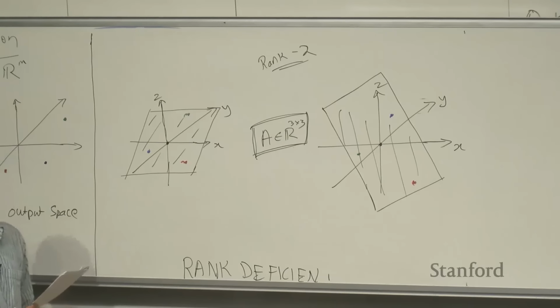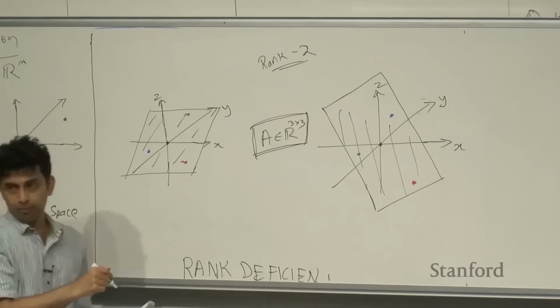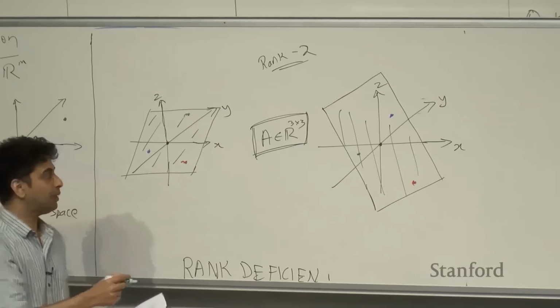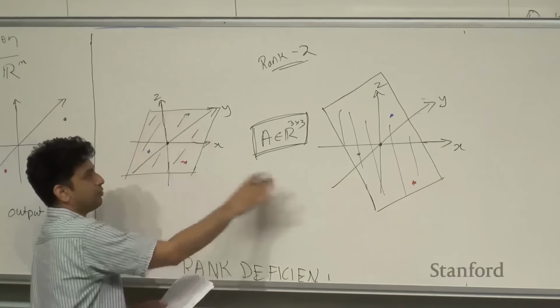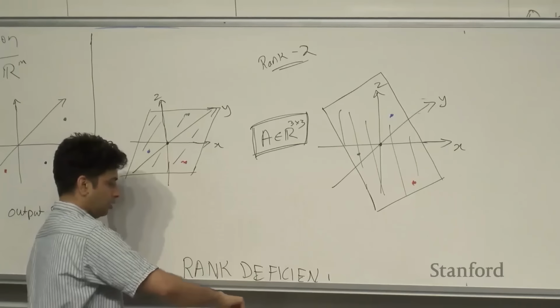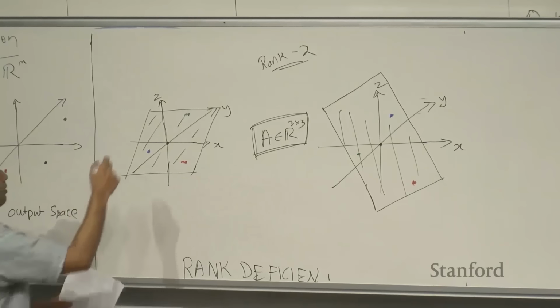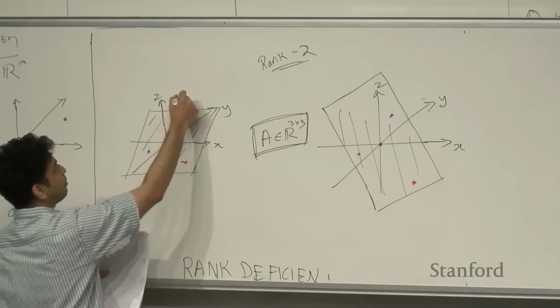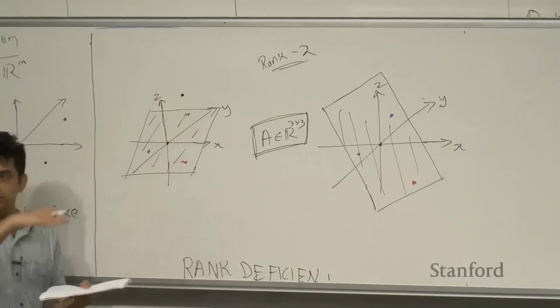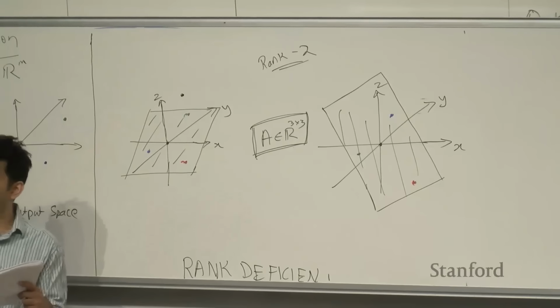But A is a 3 by 3 matrix, right? It's a function. Think of it as a function for which you can feed any input. Just because a subspace exists for which a 1-to-1 mapping exists doesn't mean, for example, I may take this point that lives outside the subspace, right? Think of this as the ambient three-dimensional space.